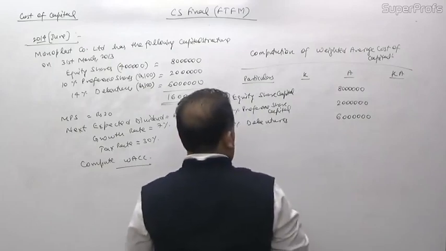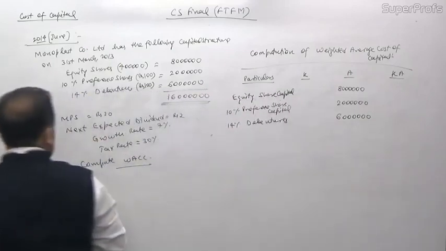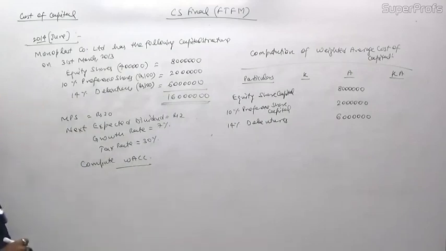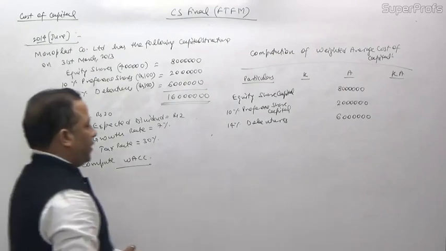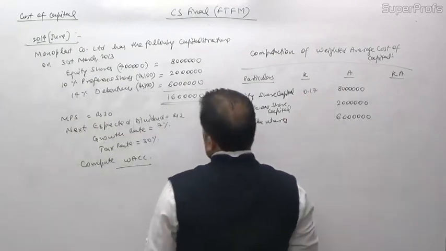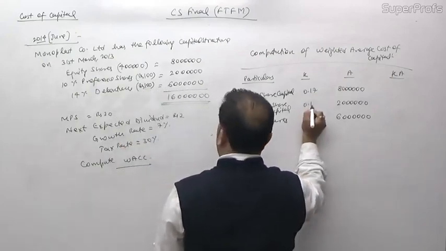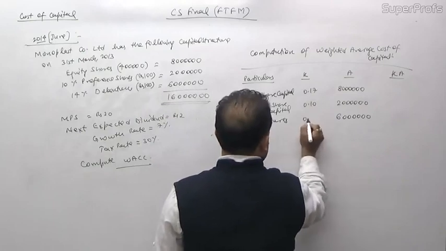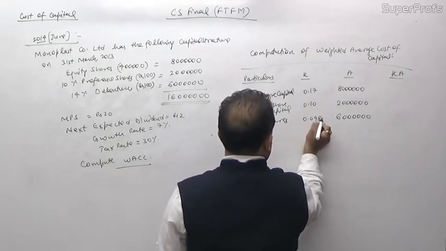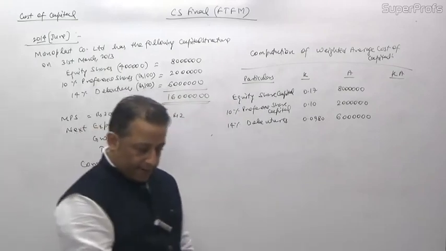The respective costs as we calculated: the cost of equity amounts to 17%, the cost of preference shares amounts to 10%, the cost of debt amounts to 9.8%.